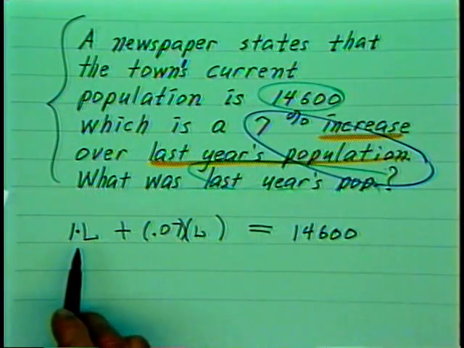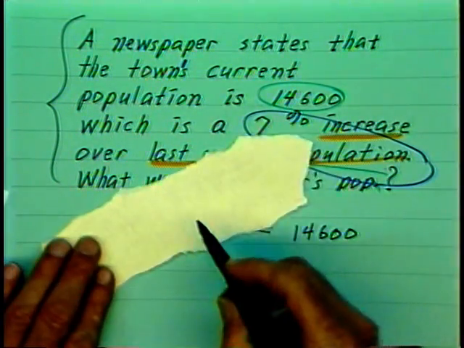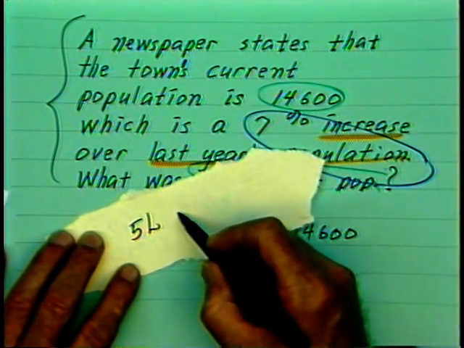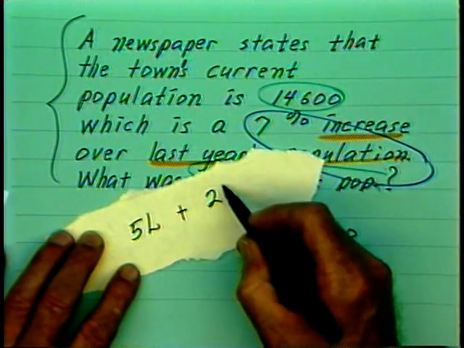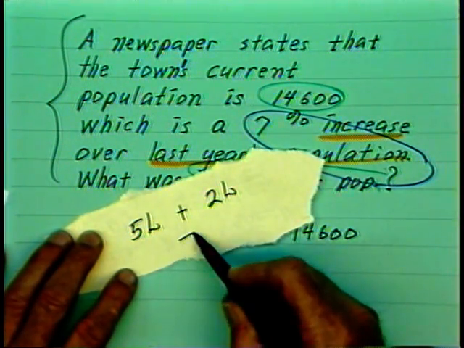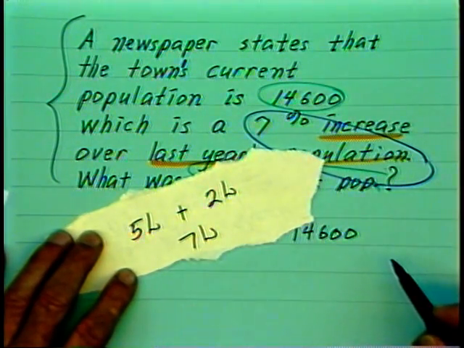So you'll learn in algebra that if I have something like this, 5 of last year's increased by 2 of last year's, well, you can see then I have not 7, I have 7 of last year's.